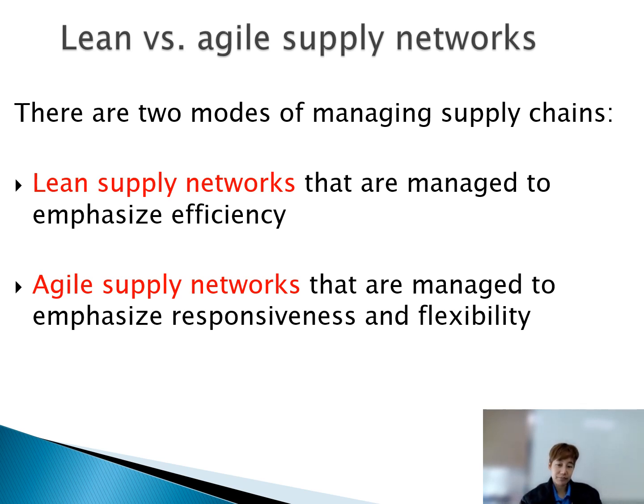This time, the supply network is managed to emphasize responsiveness and flexibility. Okay, responsiveness and flexibility are the way to manage the agile supply network, opposite to efficiency, which is the way to manage the lean supply network. Okay, remember it.